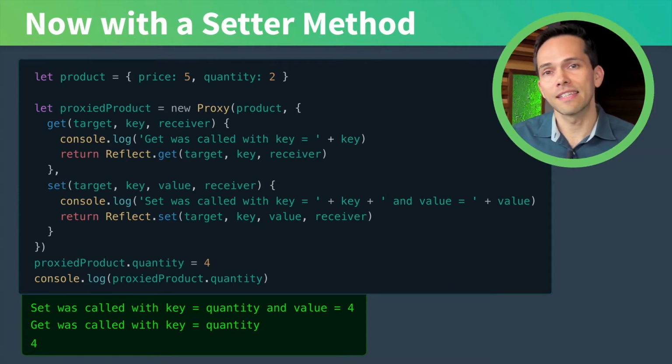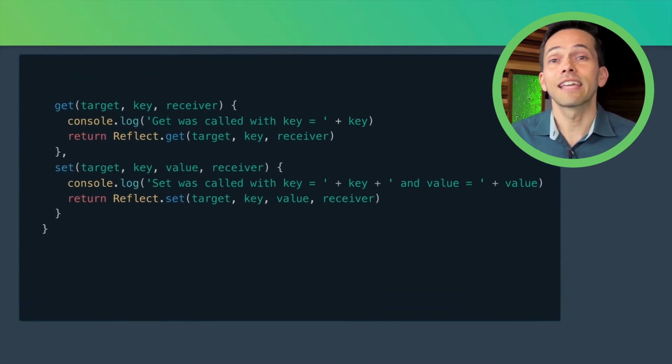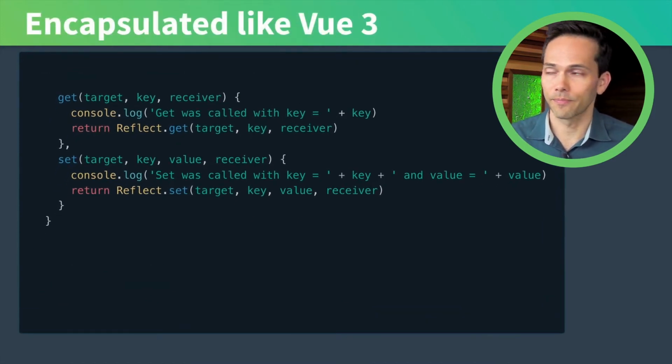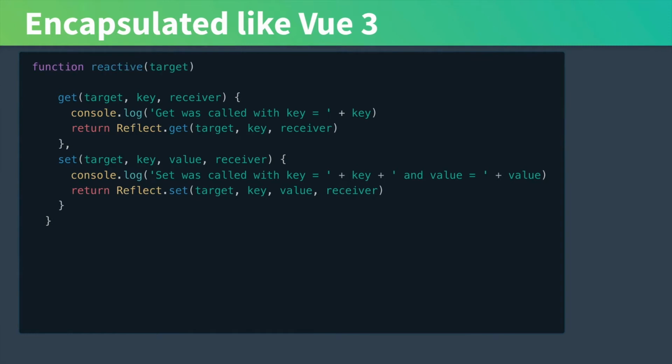Remember when I said that second parameter of Proxy is called handler? Let's encapsulate this code a little more like we would see it inside the Vue 3 source code. We'll create a function called reactive, which should look familiar if you've used the Composition API. Then we'll wrap our get and set methods inside a handler constant.